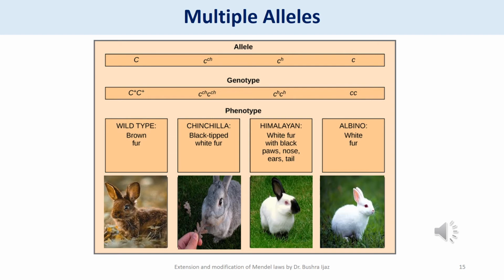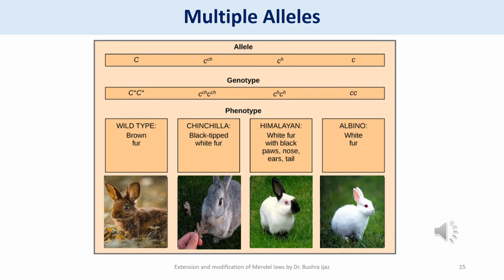The Himalayan phenotype you see here, the white ones which have black patches on their fur, is represented by another variant form of this C gene, small c with a superscript small h. It has black fur on the extremities and white fur elsewhere.